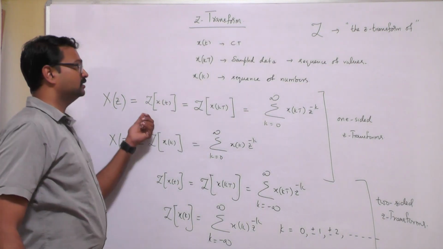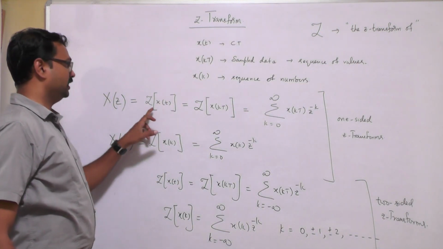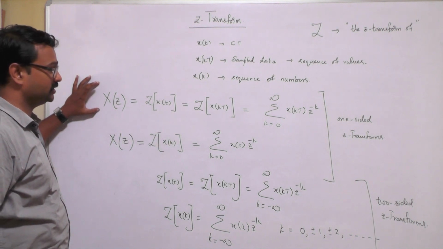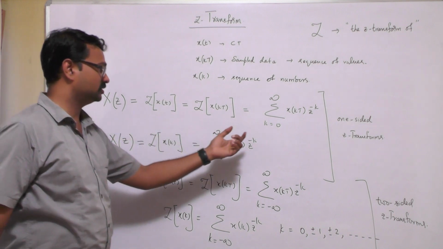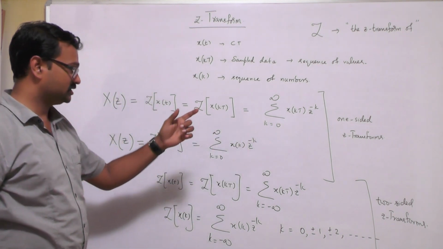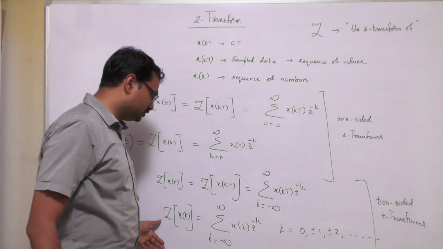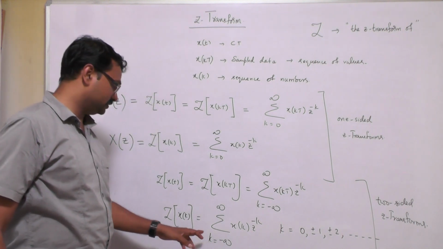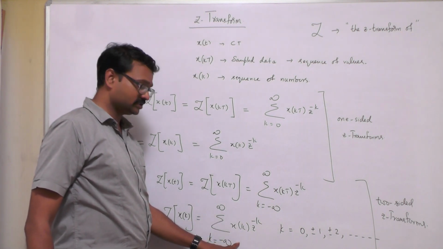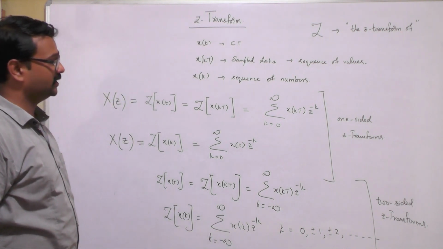Z represents the Z transform of x of t, where you get capital X of z, which is sigma k from 0 to infinity x of kt z power minus k in the one-sided Z transform, and in the two-sided Z transform of x of k, it is sigma k from minus infinity to infinity x of k z power minus k.